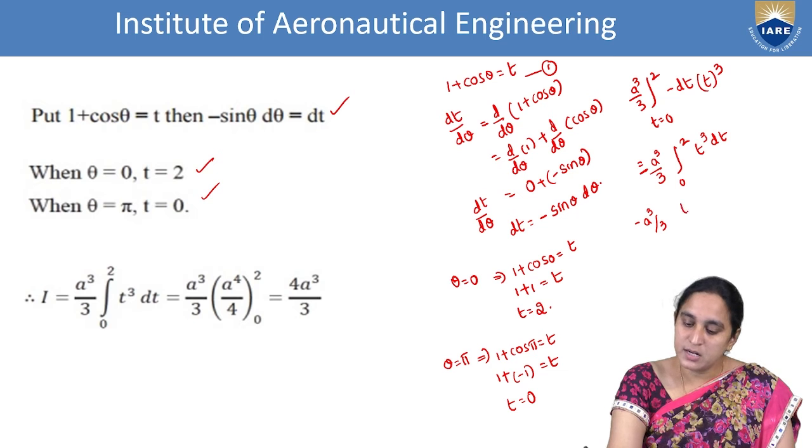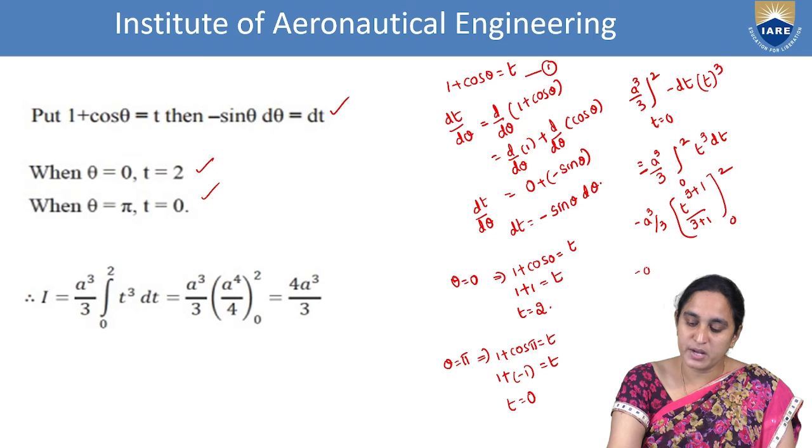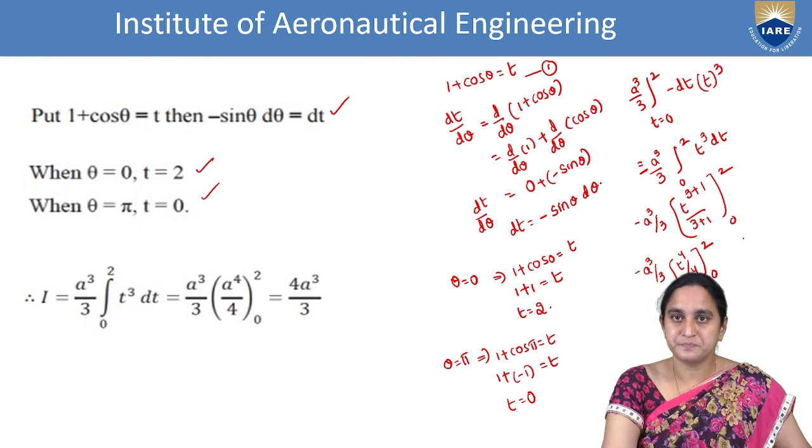That means t power 3 plus 1 by 3 plus 1, with limits 0 to 2. That is minus a cube by 3 into t power 4 by 4, with limits 0 to 2.